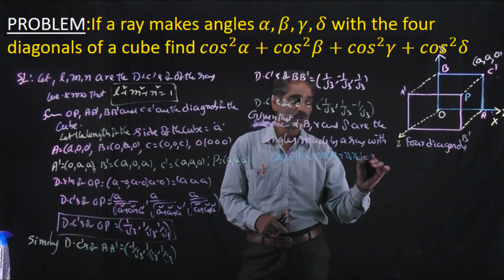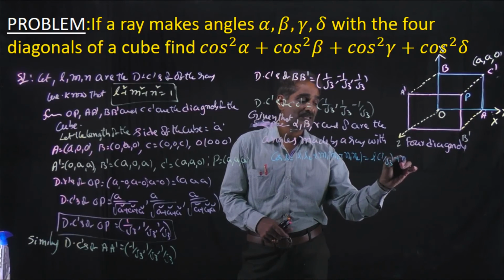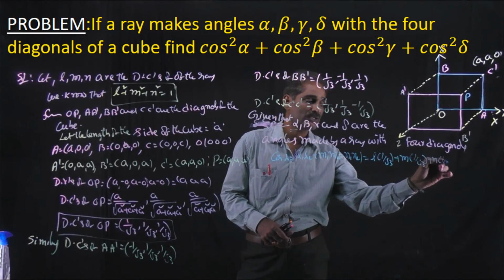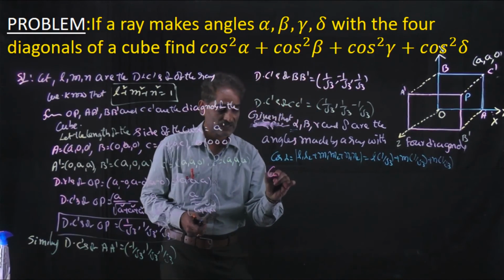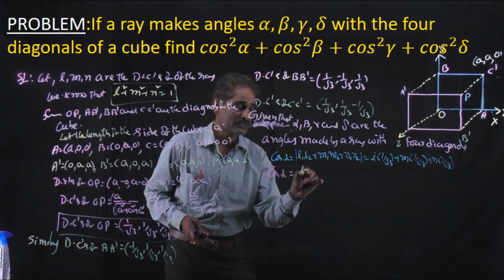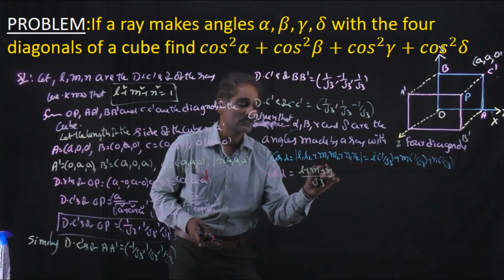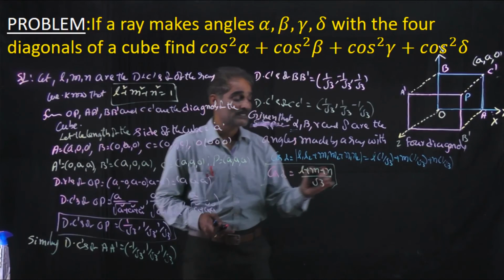It is equal to L into 1 by root 3 plus M into 1 by root 3 plus N into 1 by root 3. From this we can write cos alpha is equal to L plus M plus N by root 3. This is the value of cos alpha.